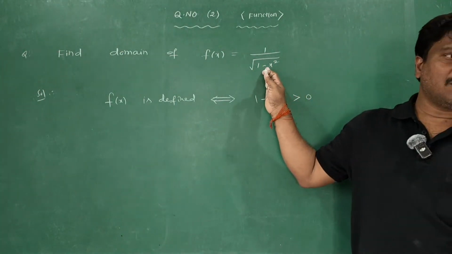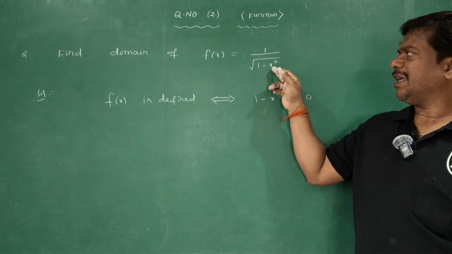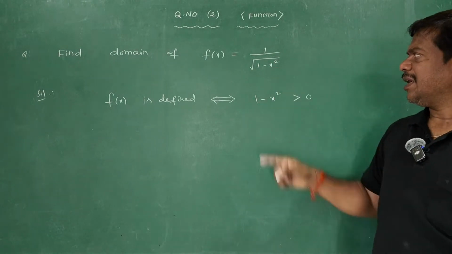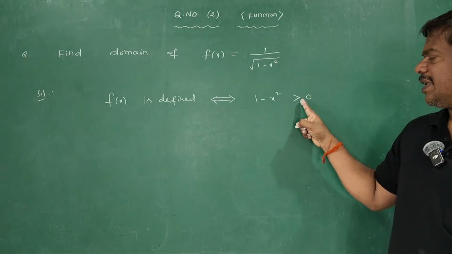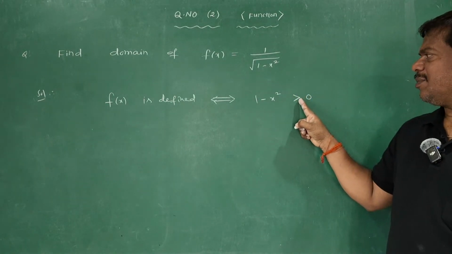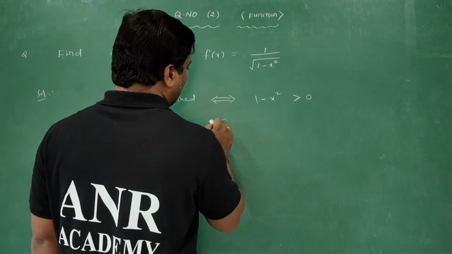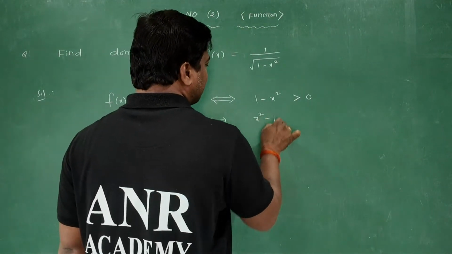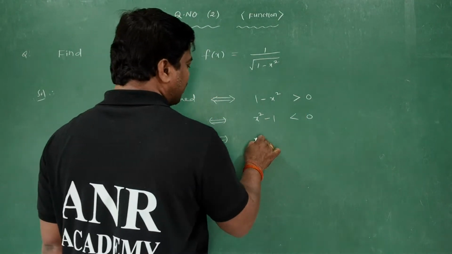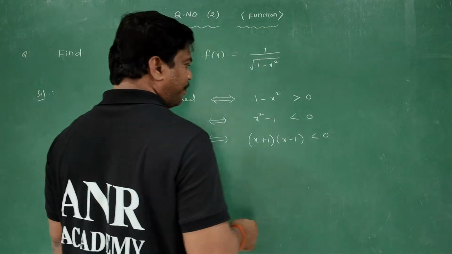Inside the square root the quantity is always non-negative, but here the square root is in the denominator, so it should be non-zero, nothing but only more than 0, you have to write. After this, if I interchange these two terms, you will get x square minus 1 less than 0, and the factors are (x plus 1)(x minus 1) less than 0.